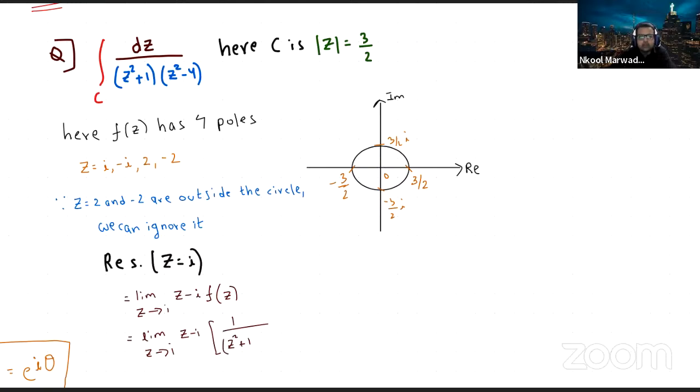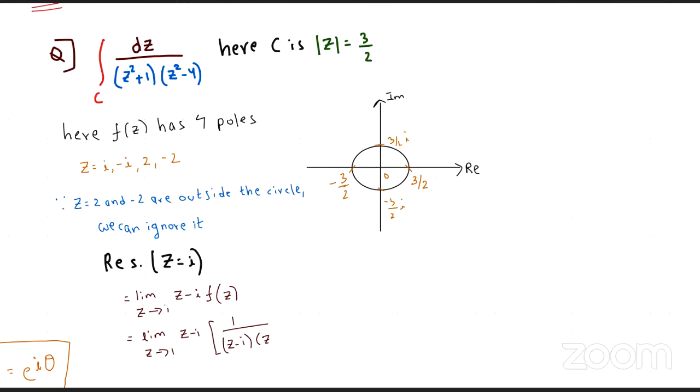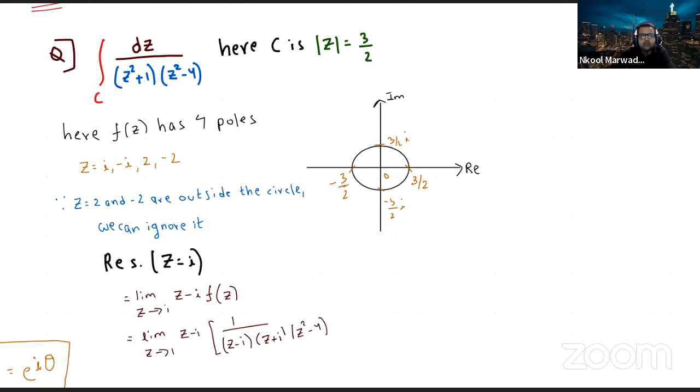So z square plus 1 I can write like this: z minus i, z plus i.